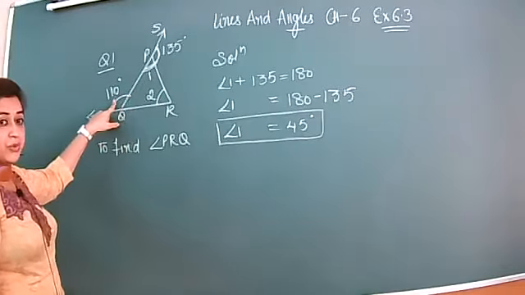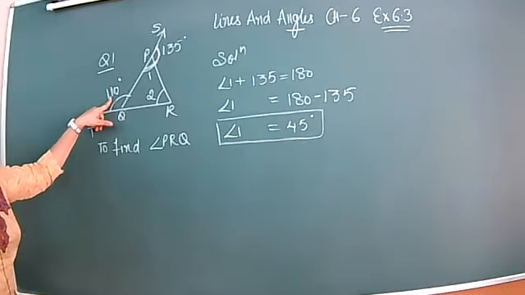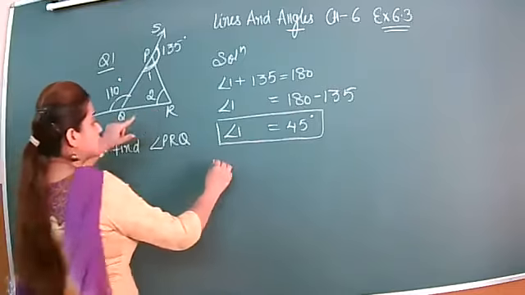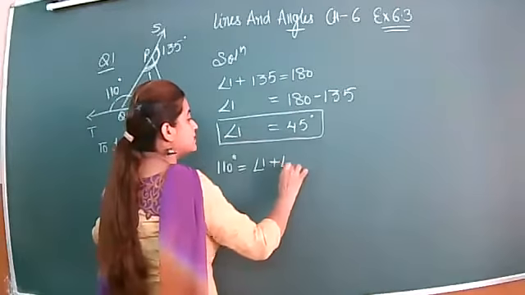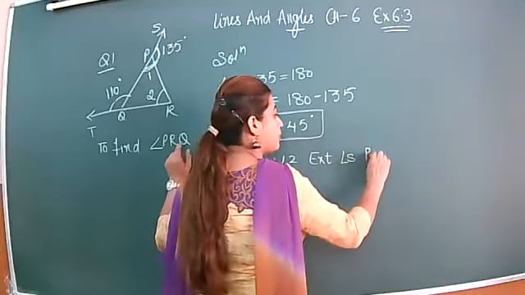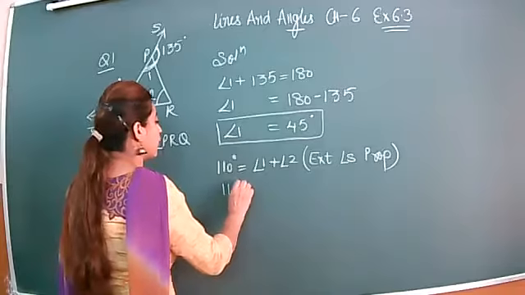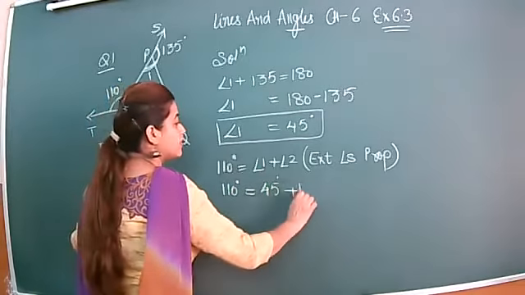And as you know that this angle 110 is your exterior angle, and exterior angle is always equal to the sum of the interior opposite angles. So can I write 110 is equal to angle 1 plus angle 2, exterior angle property. This angle we have already got as 45.